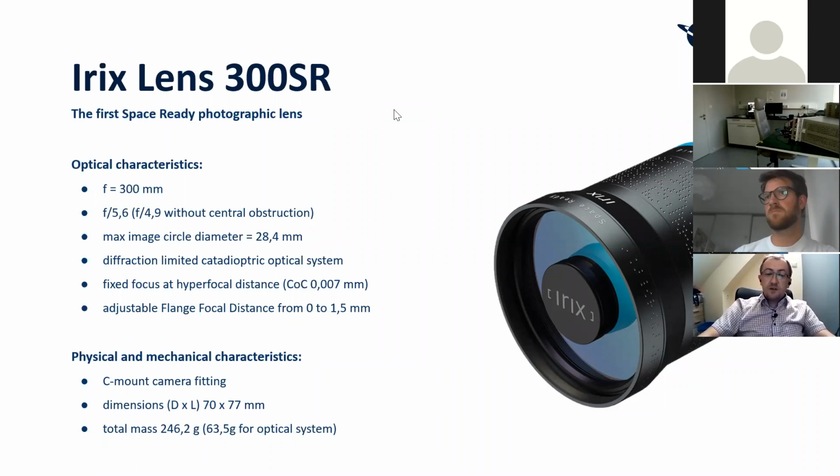In the second version of IRIX 300, the version which will be lifted to space in December this year, we will try to expand the image circle to 30.1 millimeters. So at this moment the max image circle is 28.4, but we are trying to take the best from the optical design and keep the largest possible image circle.